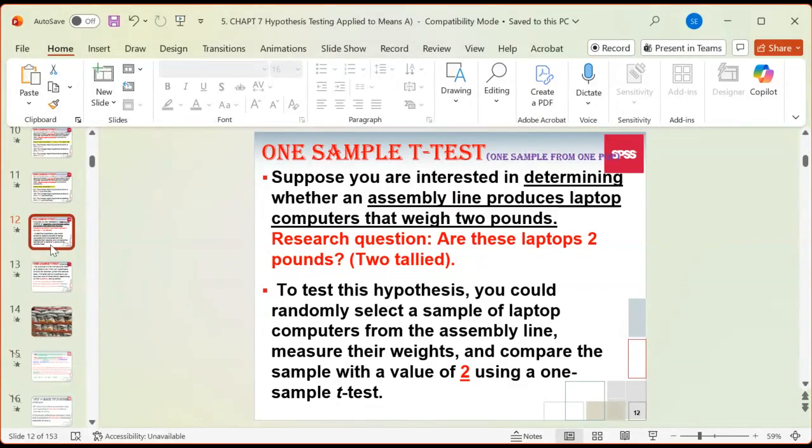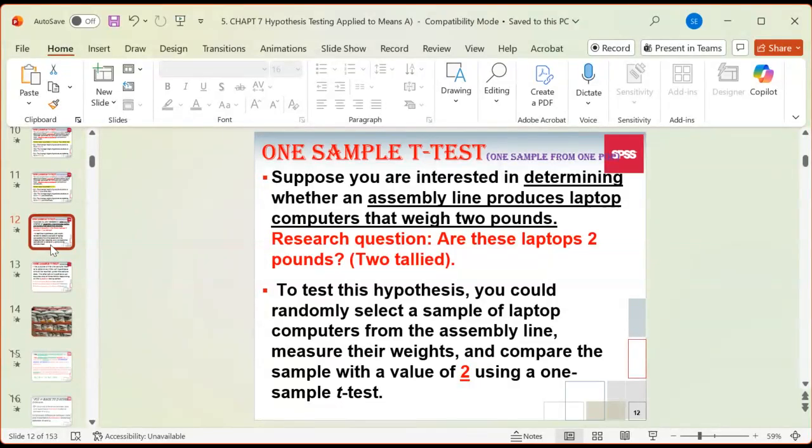So the research question is, are these laptops 2 pounds? That's a two-tailed hypothesis. You're not saying they seem to weigh heavier than 2 pounds, or that they feel lighter. You just want to make sure. You want to conduct research to find out.